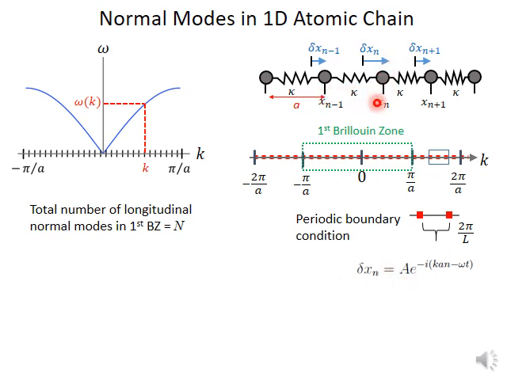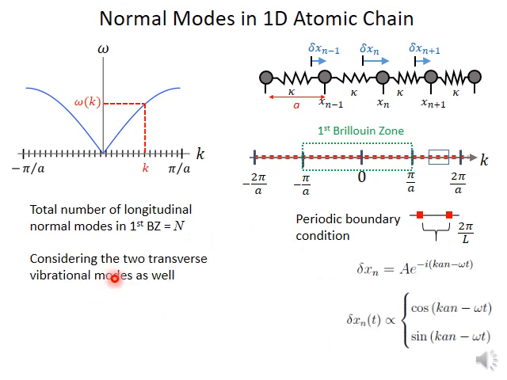Of course, any atom may also have other modes apart from this particular mode, but the solution we showed earlier represents the displacement due to only one particular mode out of all these possible N modes.